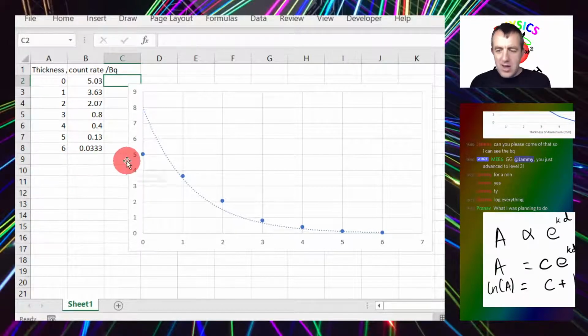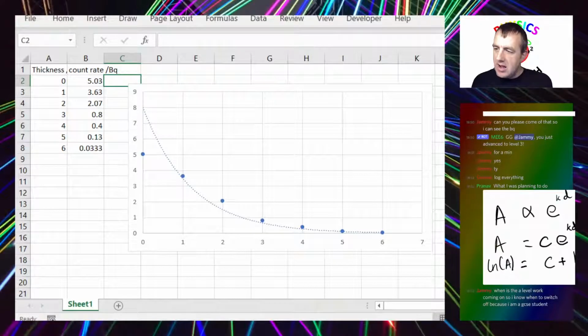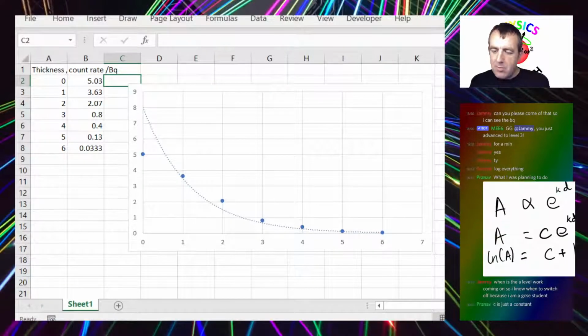Oh, Pranav, you hero. So you may not be able to see it very well because it's just got lofted to the side of the screen. But what Pranav's done here is he said A is proportional to e to the power of kd. He's then put a constant of proportionality and he's logged everything, saying that the log of a constant is still a constant. So yeah, he's just added there. C is just a constant.